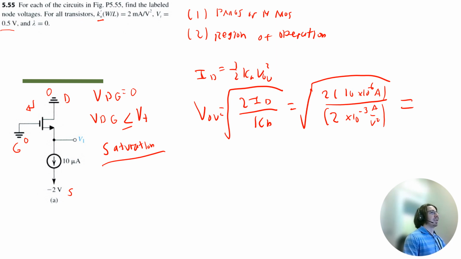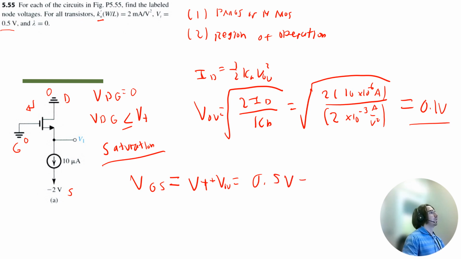Plug that in and we get 0.1 volts. So now I can calculate my voltage drop across the gate and source, because that is the threshold voltage plus the overdrive. So that's 0.5 volts plus 0.1 volts, which is 0.6 volts.